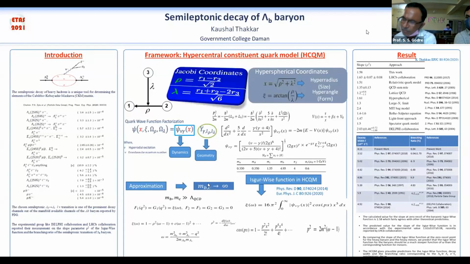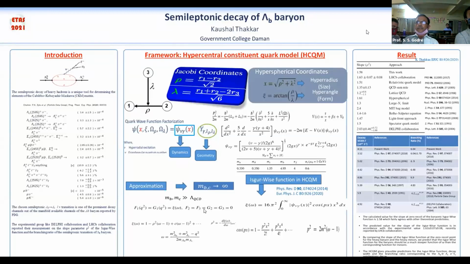When we choose the heavy quark mass approximation, in this approximation the 6 form factors defining the semi-leptonic decay of lambda b baryon are related only to the Isgur-Wise function.